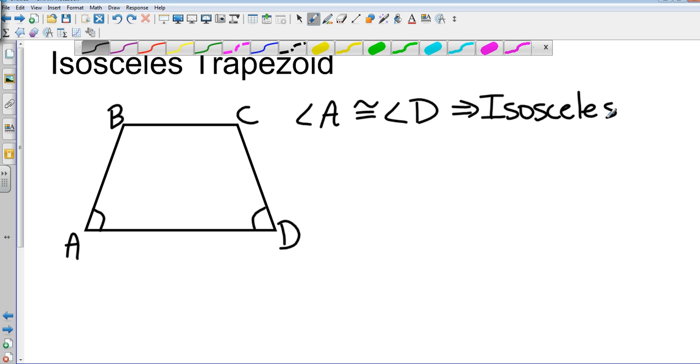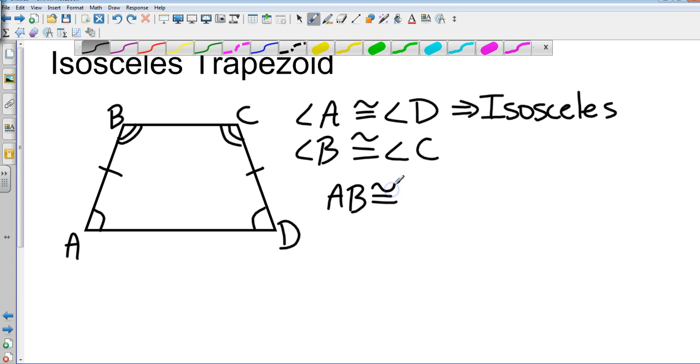That also makes this angle congruent to this angle, so angle B would be congruent to angle C. And because it's isosceles, it has two equal base angles, and it also means that it has two equal legs. So AB is also congruent to DC. Just label those properly. Okay, so all of those traits in an isosceles trapezoid.